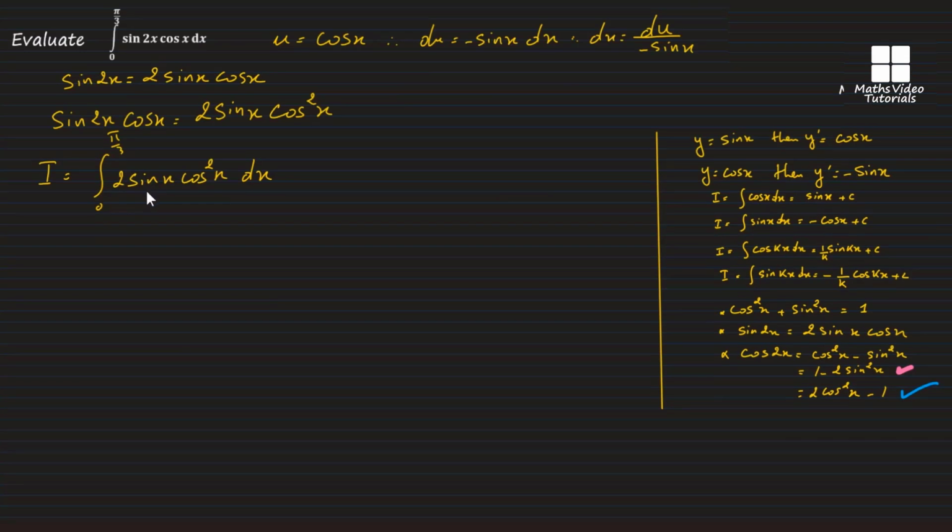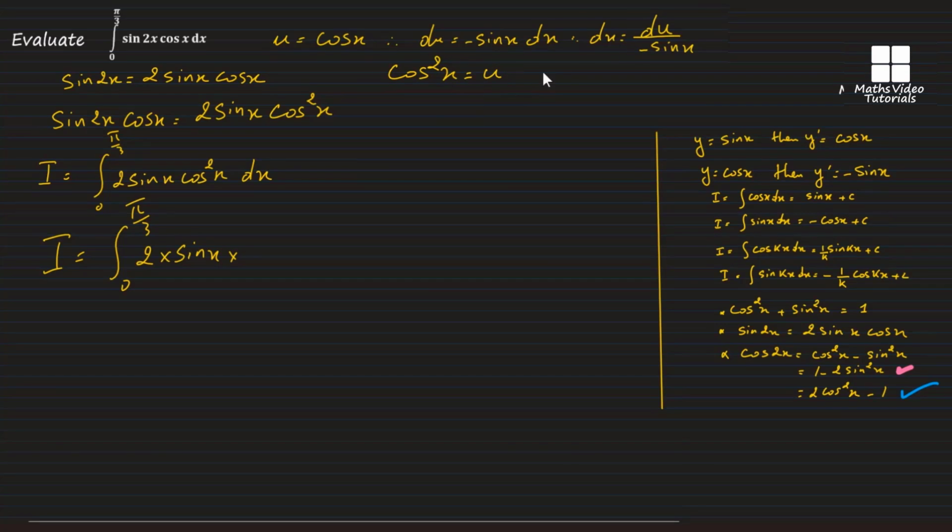Now you may say, oh, what about sine x? Okay, just hang on for a while. You will see in a minute that will disappear. I'll show you why. So we've got the integral from 0 to pi over 3. Let's write it down: 2 times sine x, and then times, now I forgot to do that, since cos x is equal to u, cos squared x is going to be u squared.